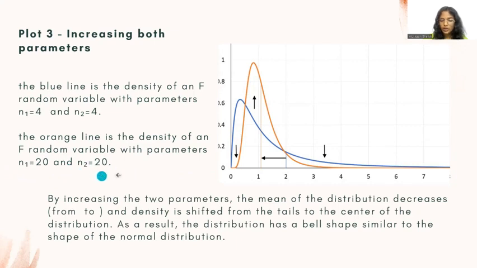The n2 was 20 and the n1 was 4. So in this one, we are going to increase both to 20. By increasing both the parameters, the mean of the distribution decreases and the density is shifted from the tails to the center of the distribution. The distribution here has a bell shape similar to the normal distribution.